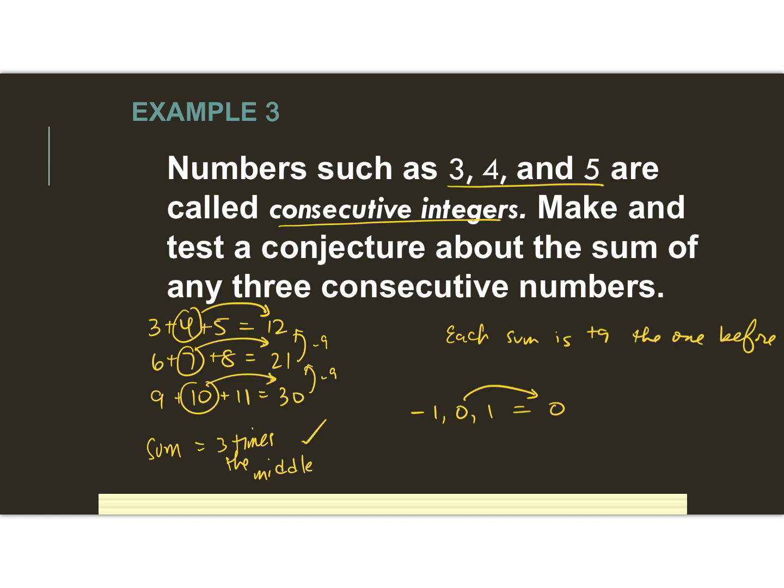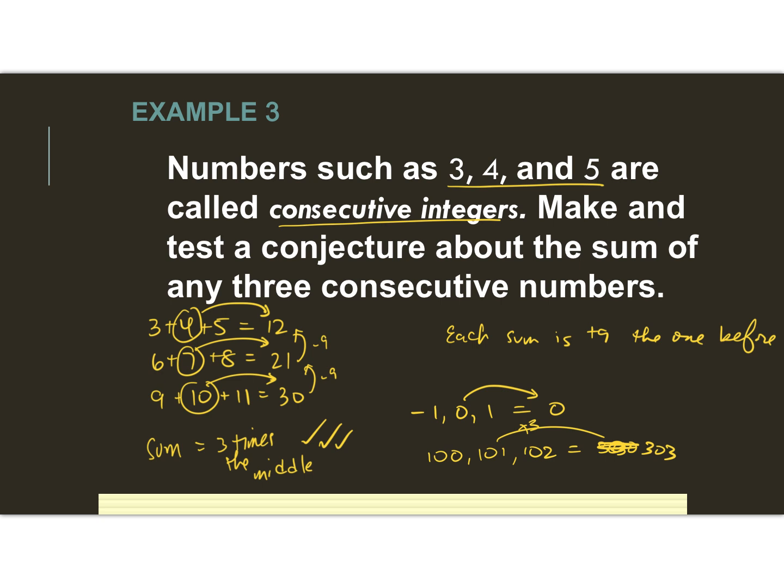This one's looking good, right? Maybe 100, 101, and 102. And that's going to equal 303. And guess what? It's times 3. It works, right? So this one, I'm not really able to find one that doesn't work.